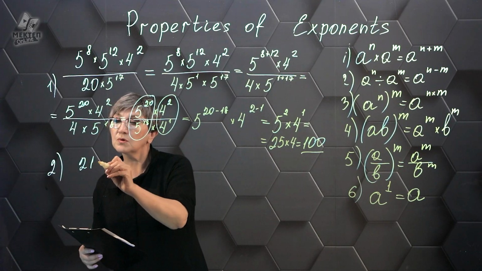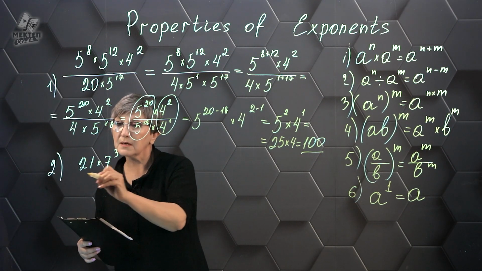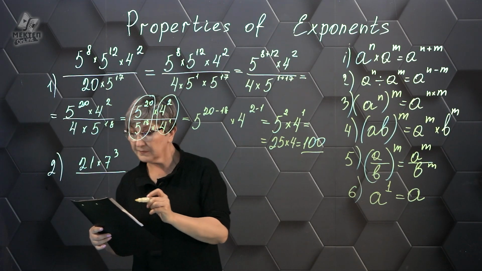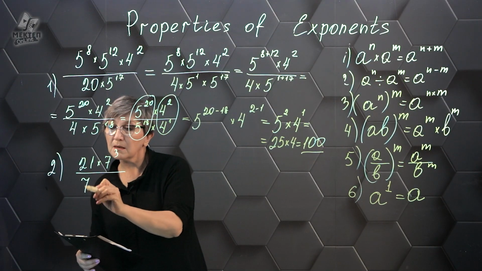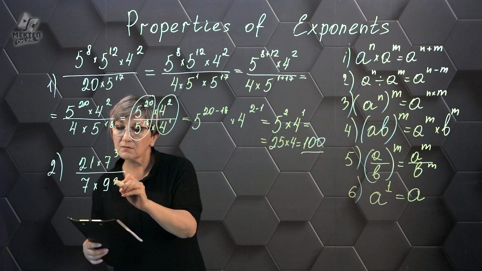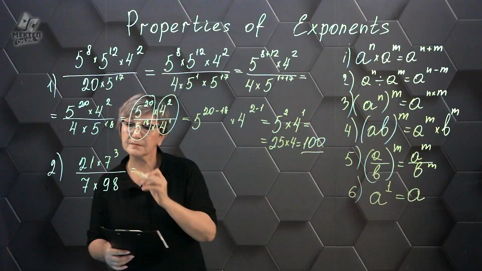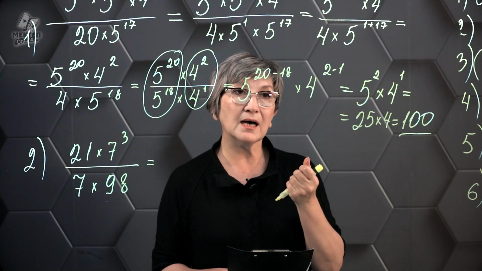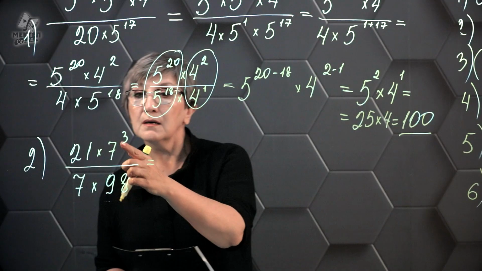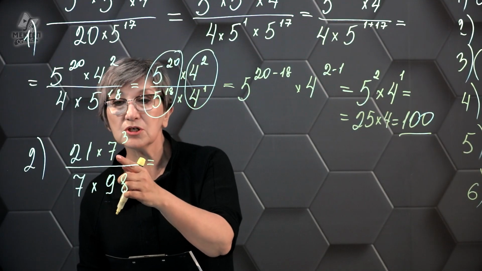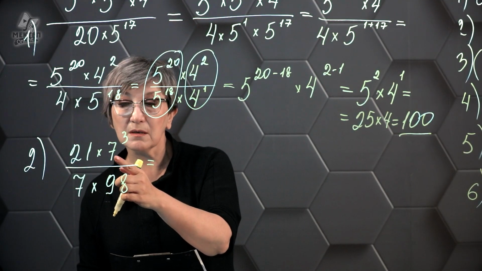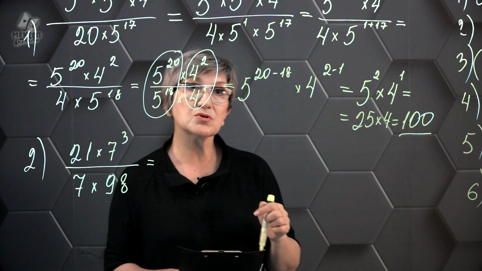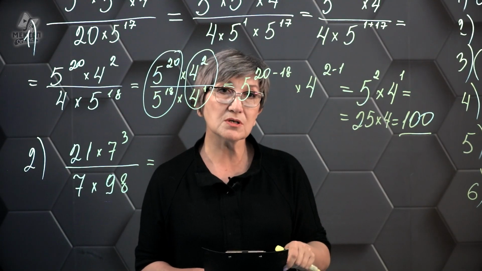21 times 7 to the power of 3 divided by 7 times 98. In order to solve this example, let's look at the base. We can see that one multiplier has a base of 7. In the denominator, there is the same number with a base of 7.